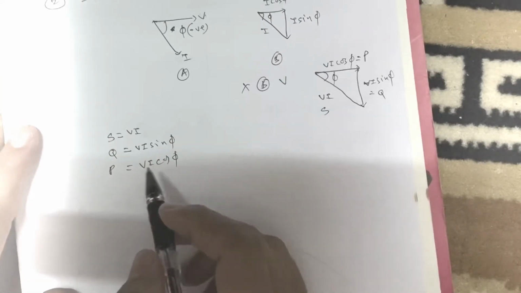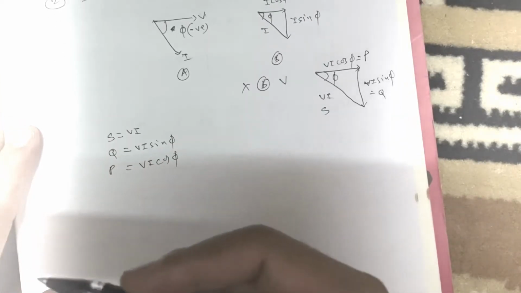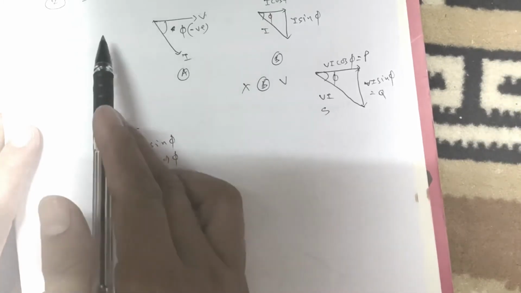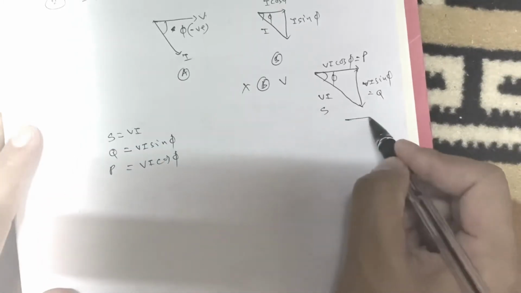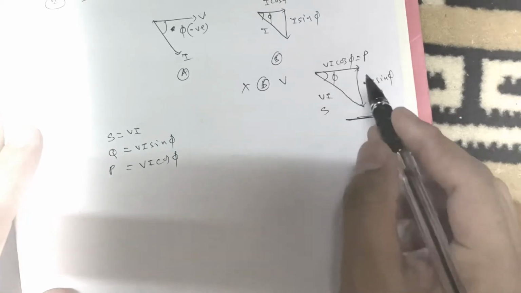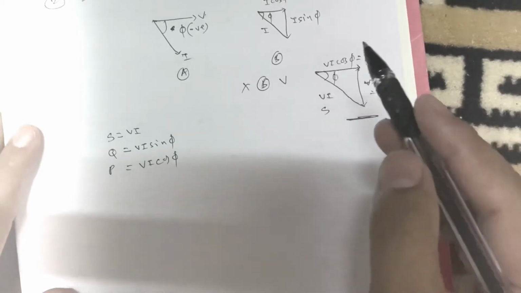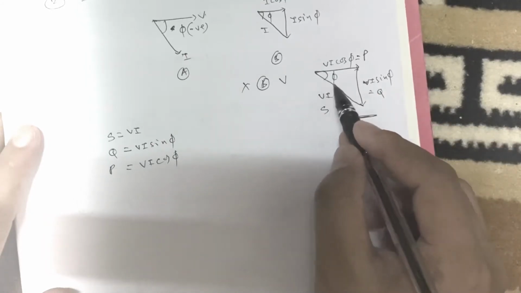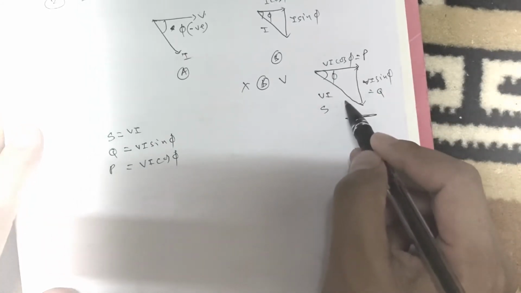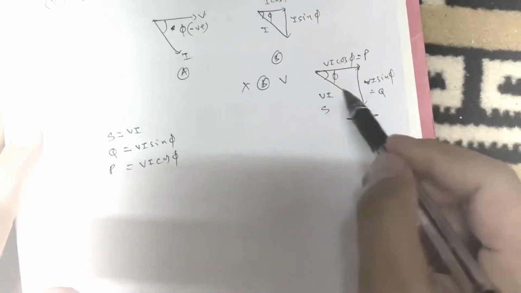This is the power triangle representation for the inductive load. The main difference between the inductive load and the capacitive load on the power triangle is that here the current is lagging behind the voltage, or voltage is leading the current.